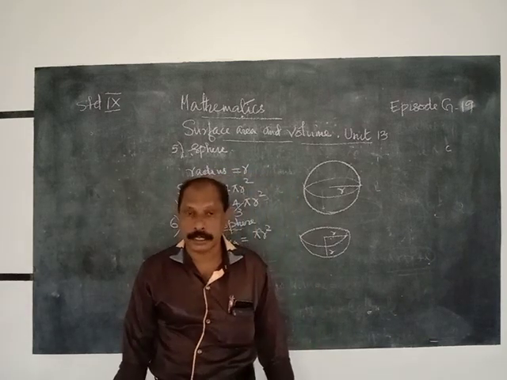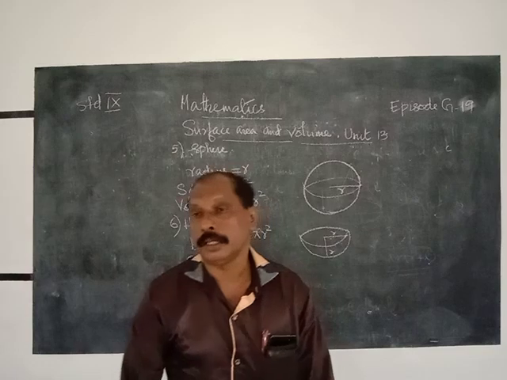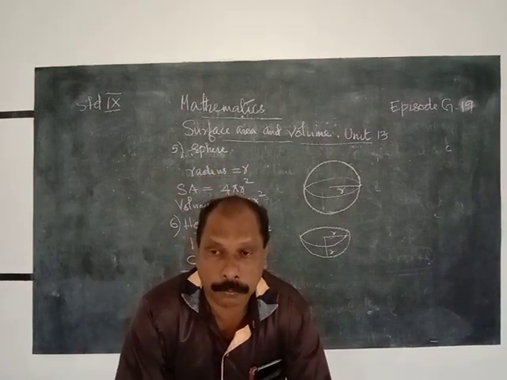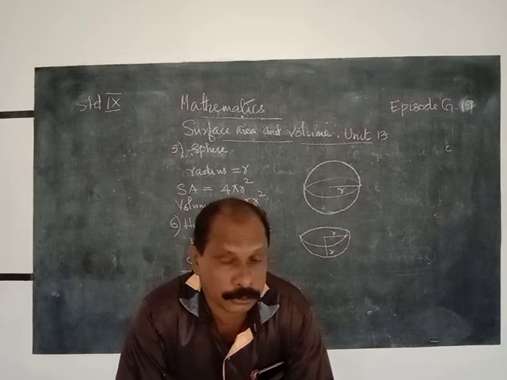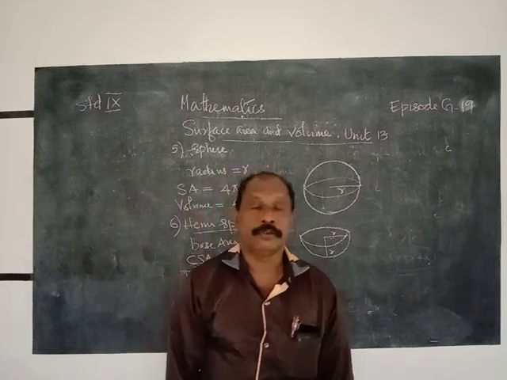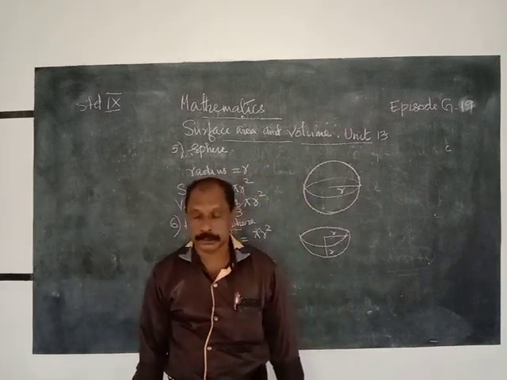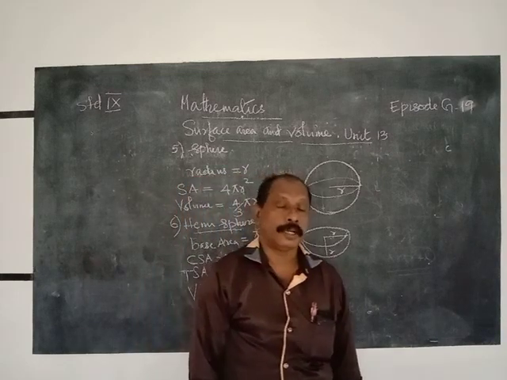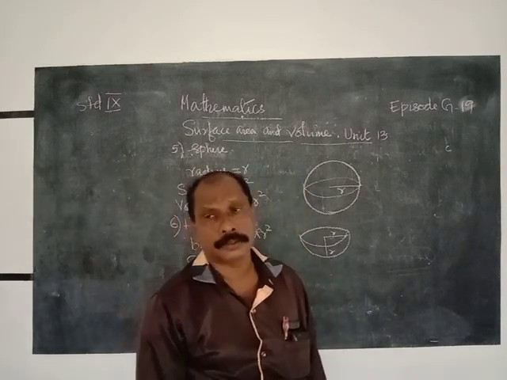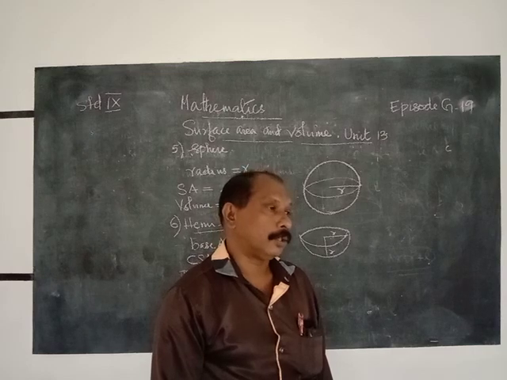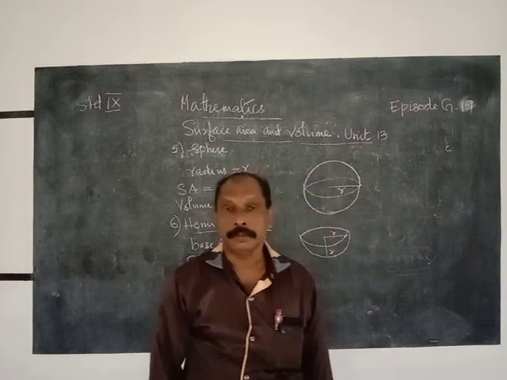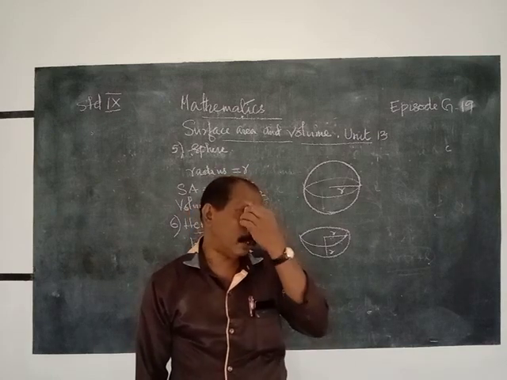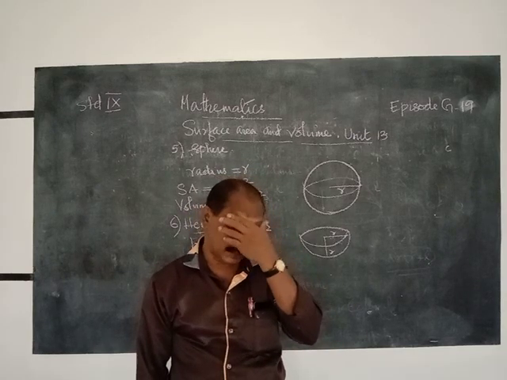These three form a right angle triangle. Therefore, Pythagorean relation is base square plus altitude square is equal to hypotenuse square. That is r square plus h square is equal to l square. Therefore, l is equal to root of r square plus h square. h is equal to root of l square minus r square, since l is the highest value. And r is equal to root of l square minus h square. From this relation, we can find out one value when two values are given.